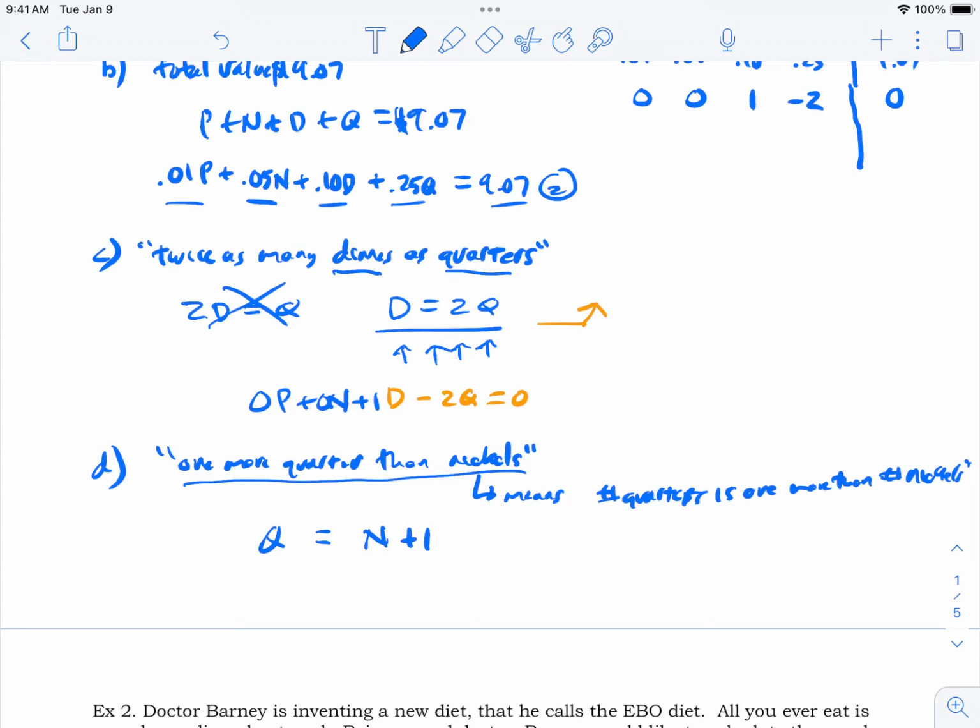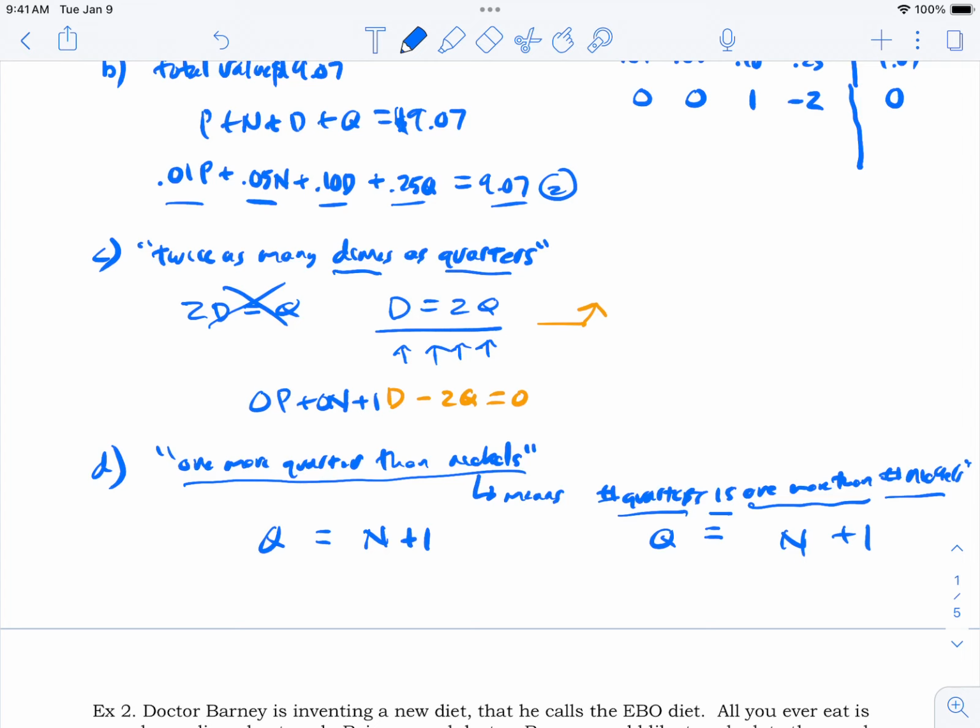And this, you really can sort of translate. Quarters is 1 more than means to add 1 to the number of nickels. And that's the same equation as I had over here. So you've got to find a way that's really comfortable to you, that makes sense to you. So anyway, Q is n plus 1.